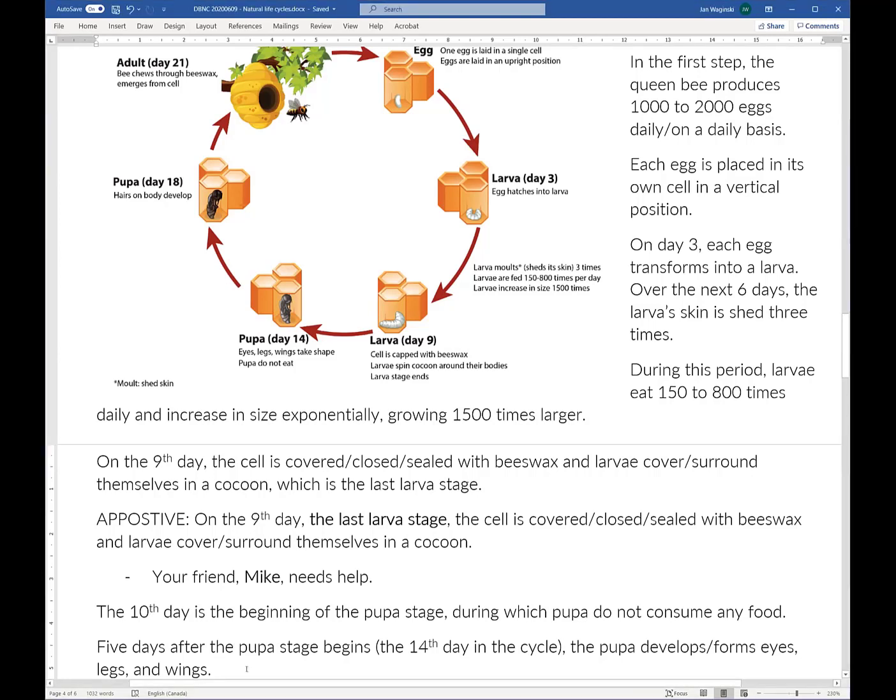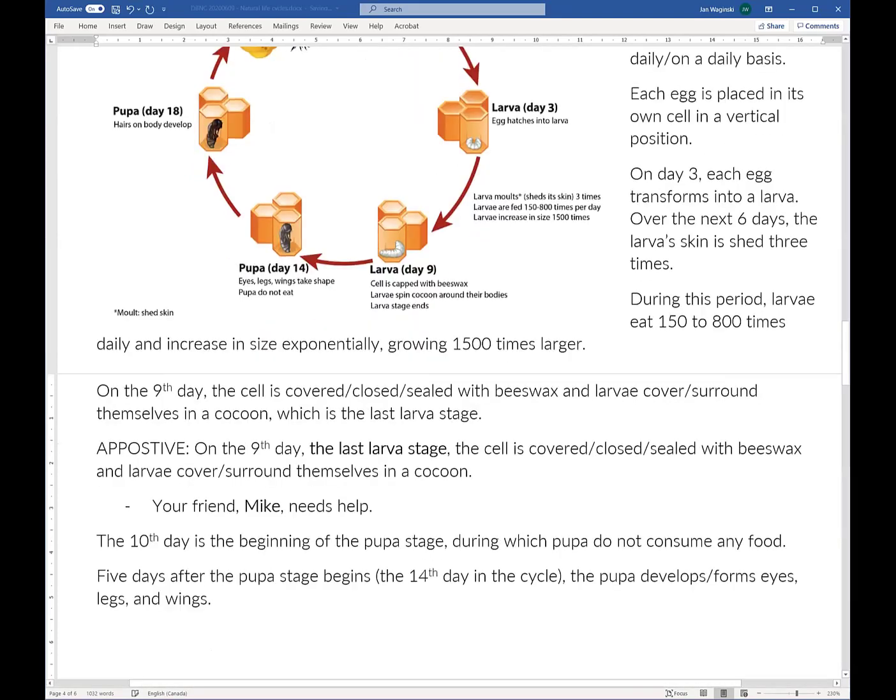On day 18, hairs and bristles on the body are formed.